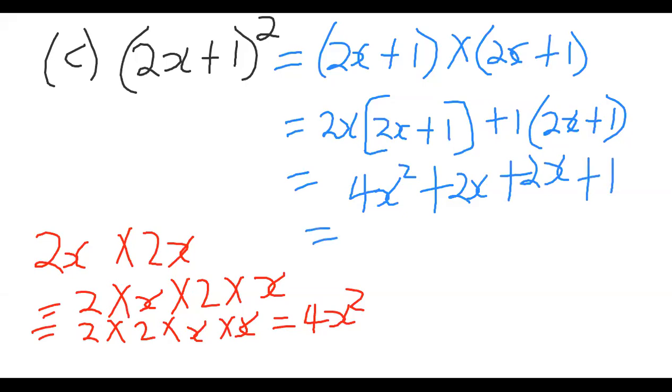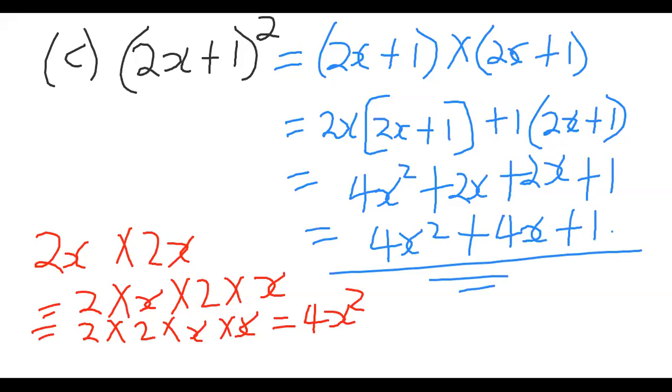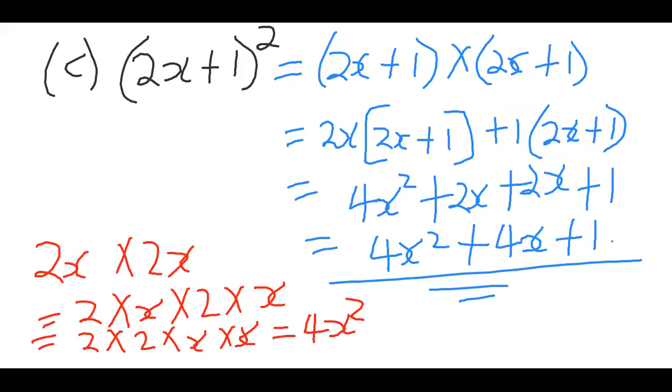So you can see that this is the same as 4x squared plus 2x plus 2x, which is 4x, then plus 1. And that is our expansion for that part there. You can take a screenshot in case you haven't finished writing, or you let me know once you're done writing.